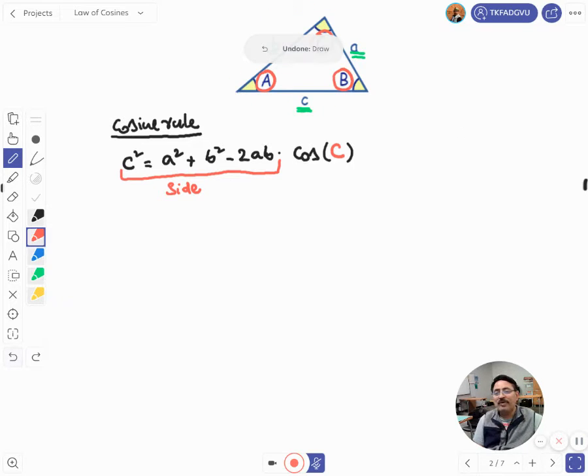And when I'm using the uppercase letter here, I have to use the angle value.